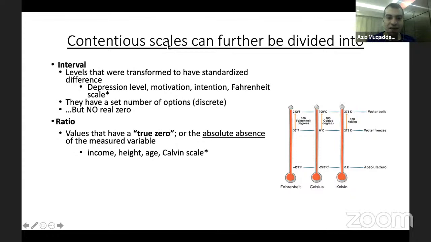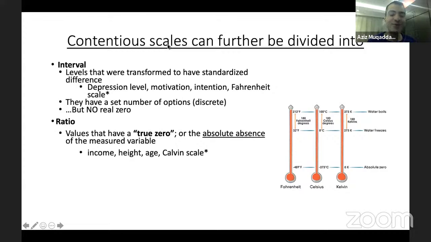On the other hand, let's say in Celsius, what happens at 0 Celsius? Water freezes, right? But other things don't freeze at zero, like oil, or gasoline. We don't freeze at zero.